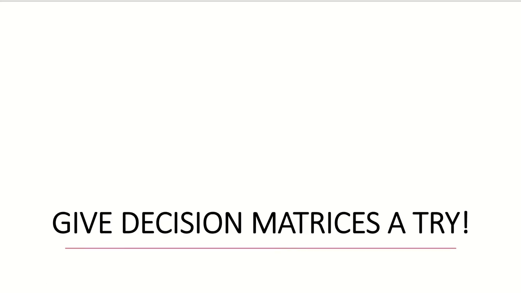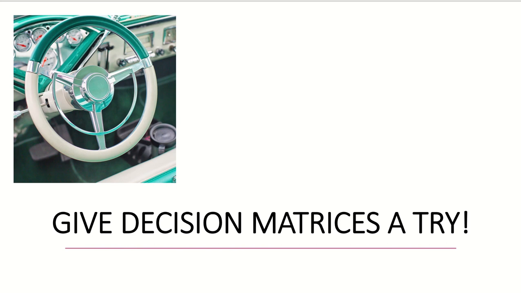Regardless of whether you're making decisions for your organization, for your team, or even for yourself, a decision matrix can be a handy tool to learn and use. For example, you may use a decision matrix to decide which car to buy by evaluating your options based on criteria such as cost, reliability, performance, and fuel economy.